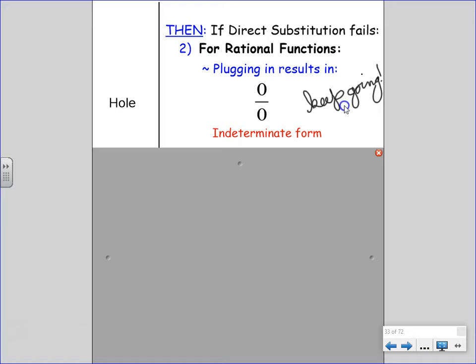Why? Because 0 over 0 is called indeterminate form, and indeterminate form means I have no clue what the answer is. Now this is enough to tell us that the function does not exist at the x value you're trying to plug in. That's true. But what are we solving for in this entire section?